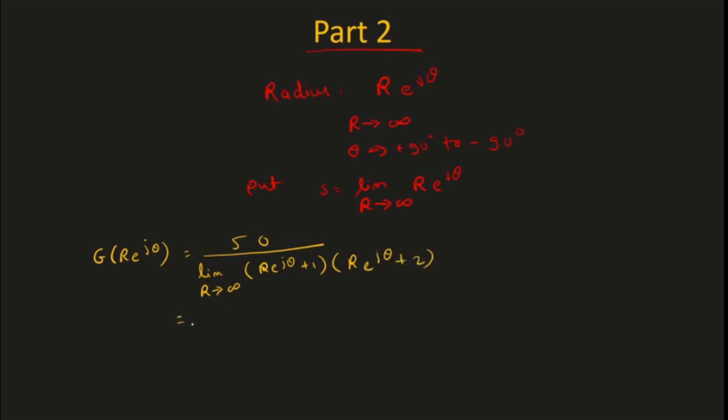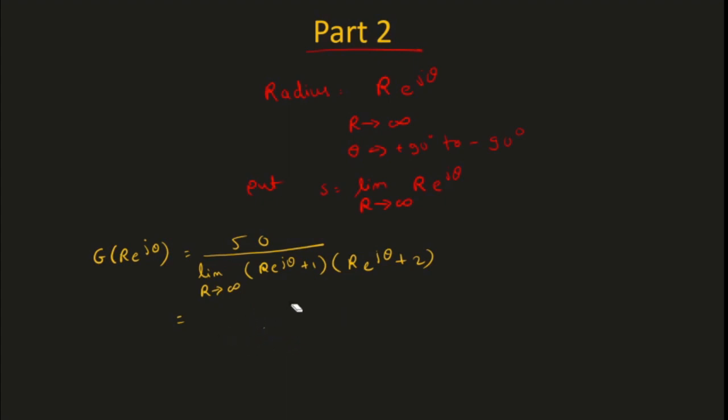If we rearrange this equation, I will get 50 upon 2 r e raised to j theta common.